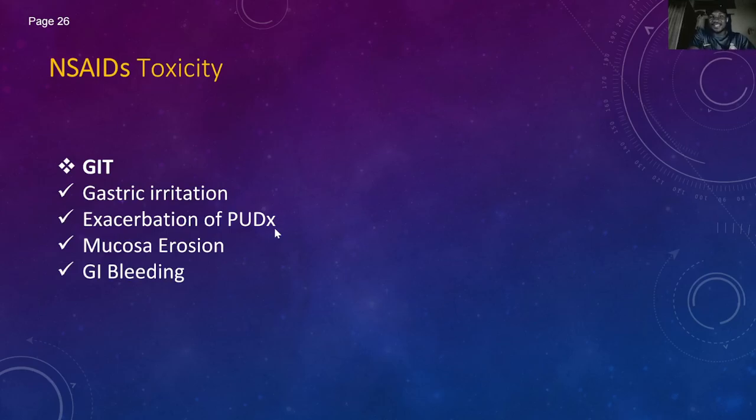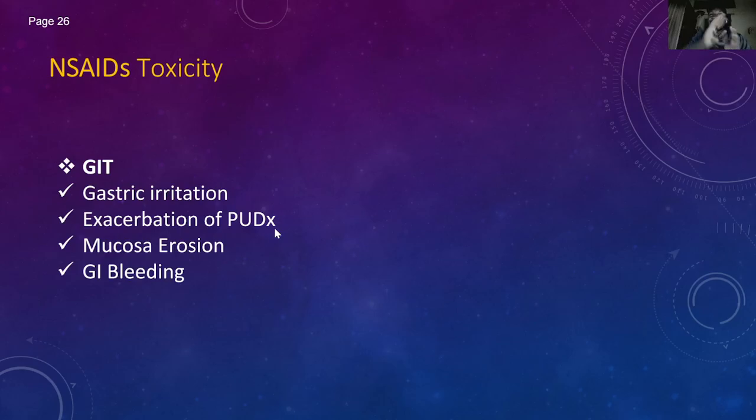The reason for this is simple: COX-1, that I said earlier, brings about housekeeping function, which produces prostaglandin that lines up and protects the mucosal barrier. Now, if you give a non-selective COX inhibitor, it will inhibit that enzyme, right?